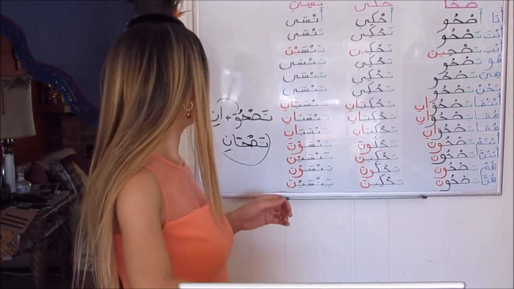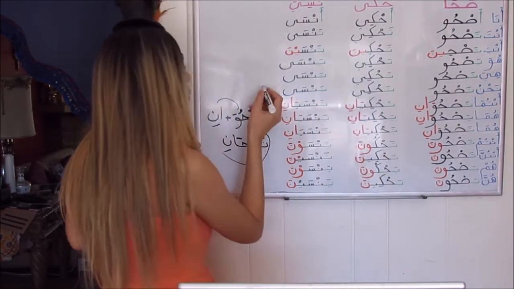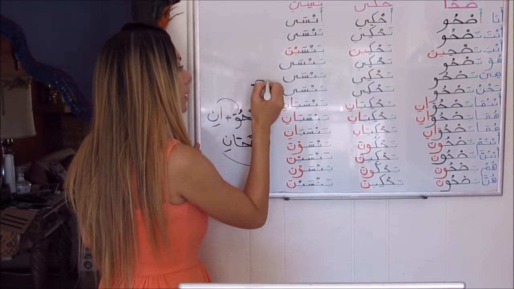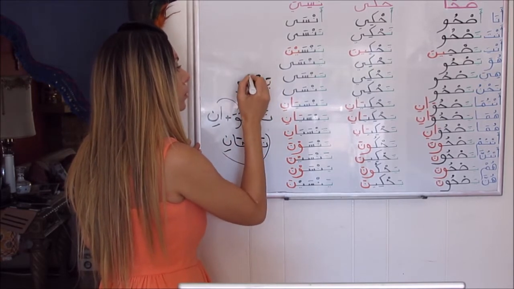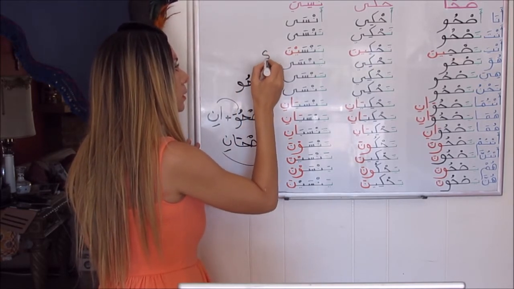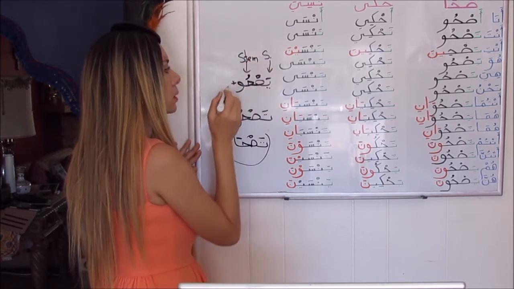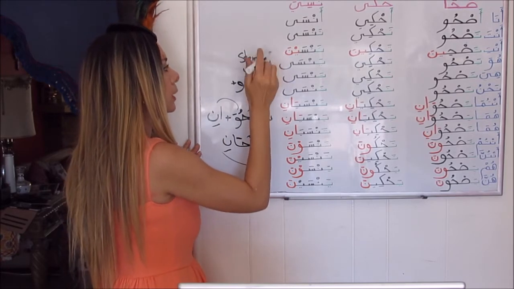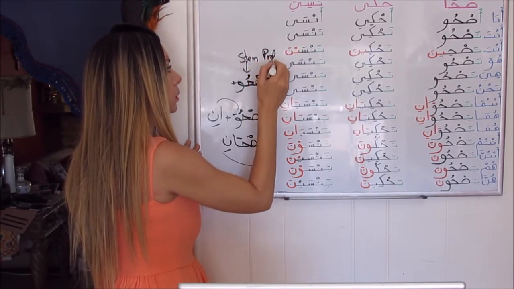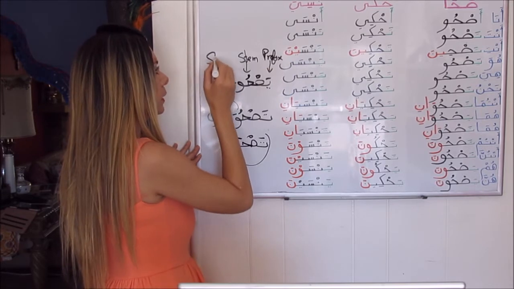So, in this manner, what would happen? The two waws blend into one. So here, we have yashu, prefix ya plus stem shu plus suffix.